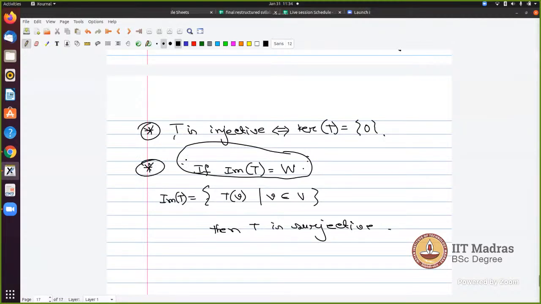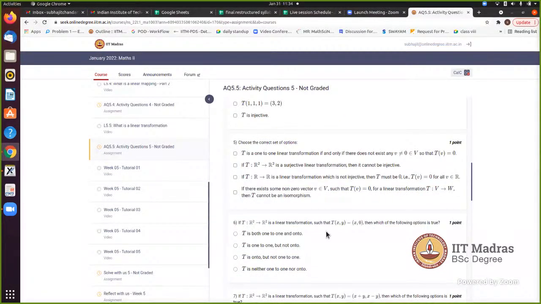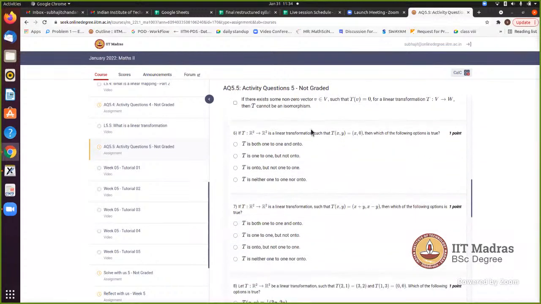Correct? Yes, sir. Okay. So now you can check whether a transformation is surjective or not. You can always do that, right? Yes, sir.